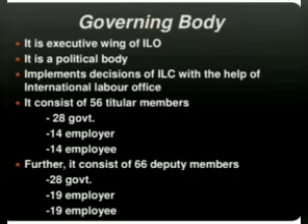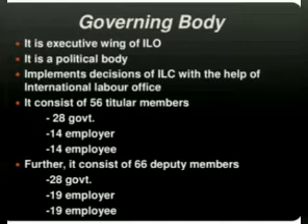Now coming to the governing body. It is the executive wing of ILO, and it is a political body, and it implements decisions of ILC with the help of the International Labour Office.